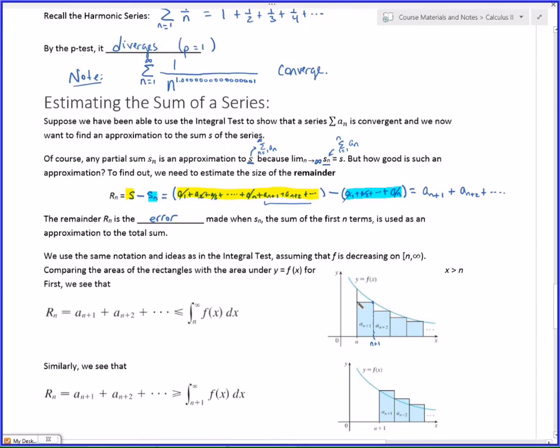So the area of this box, which is 1 this way and a sub n plus 1 this way, is a sub n plus 1. The area of this box will be a sub n plus 2. The area of this box is a sub n plus 3. So your remainder is the boxes.